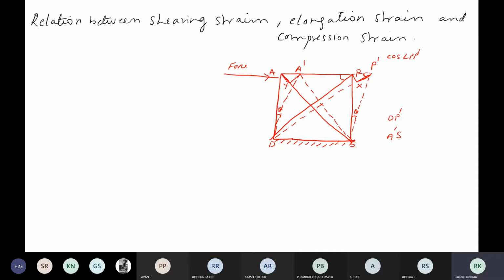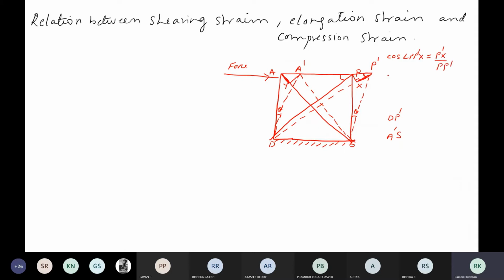So cos of angle PP dash X, if this is the angle we are talking about, this is 90 degrees, cos theta means adjacent side by hypotenuse. If it was sin theta, opposite side by hypotenuse. So cos of PP dash X is P dash X by PP dash.